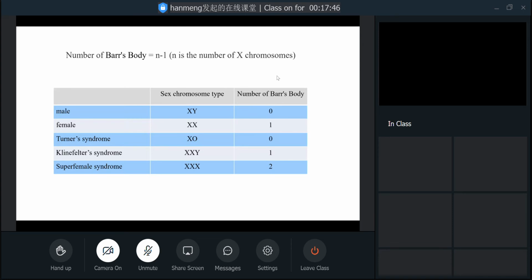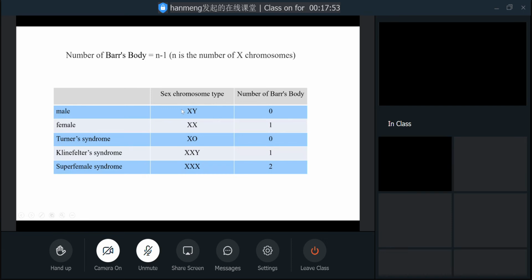For example, the normal male's sex chromosome type is XY, and the female is XX. But in Turner syndrome, the sex chromosome type is X, only 1 X chromosome.